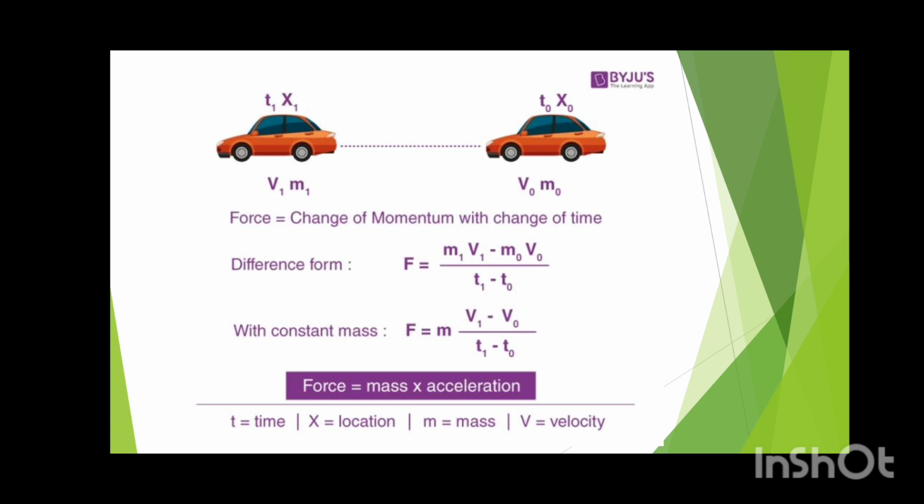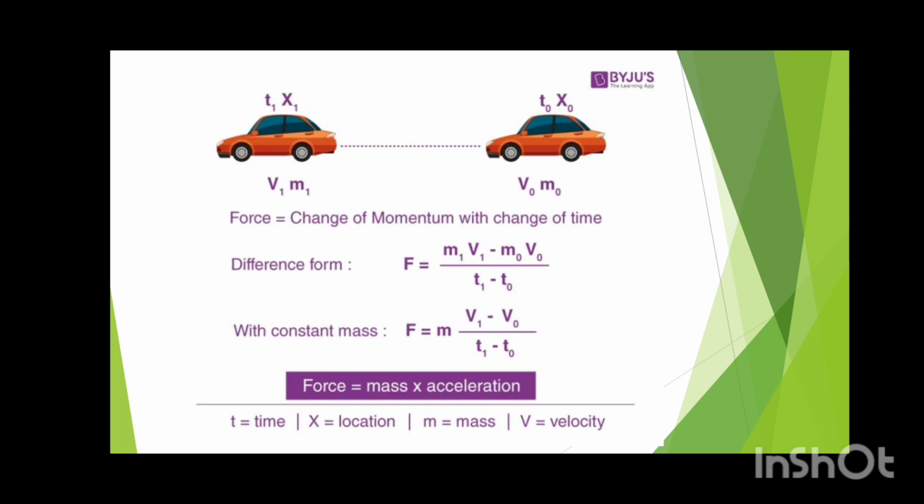If we take another body with constant mass, we derive Newton's second law as F = m, because with constant mass m1 minus m0 is replaced by m.